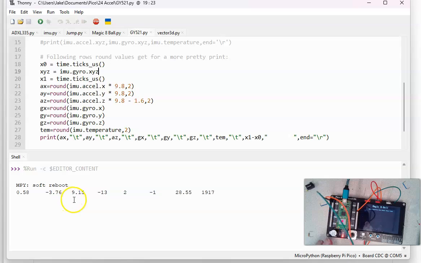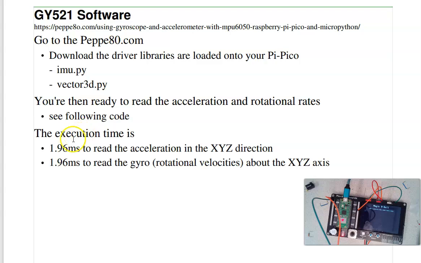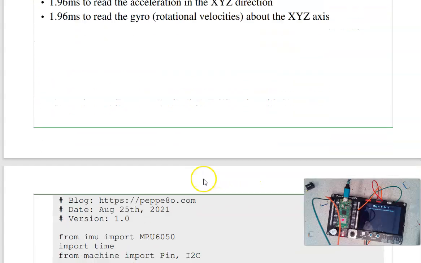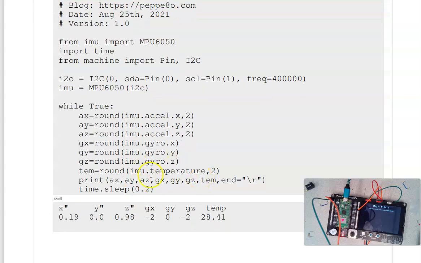As I rotate the board, see acceleration Z is changing, X and Y are changing. That's another way to read acceleration. And the reading time is 1.96 milliseconds to read the acceleration, 1.9 milliseconds to read the rotational velocities, and the corresponding code.